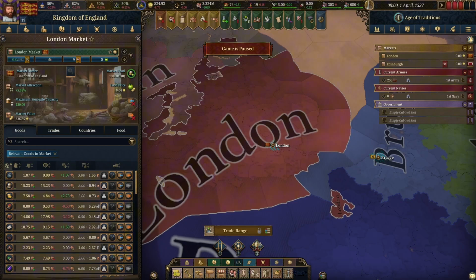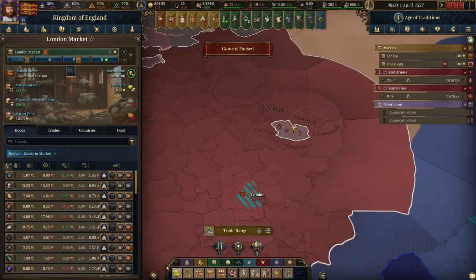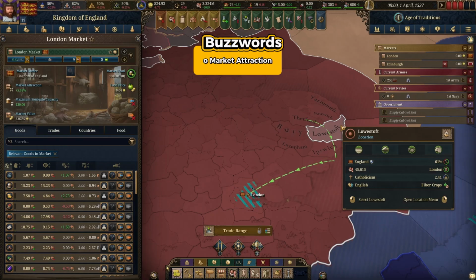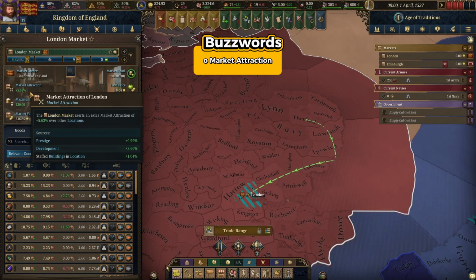All the locations that are within the market borders send their raw or produced goods to the market center, like Thetford here. And then those goods are consumed by the population or used by the location buildings in that market. The determining factor for which locations fall under a specific market is dependent on something called market attraction.